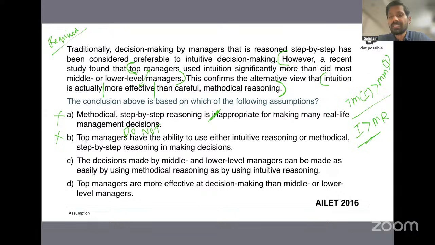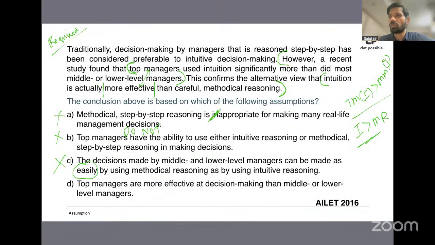C says the decisions made by middle and lower level managers can be made as easily by using methodical as by using intuitive. So this is irrelevant, right? What is easy and what is not does not concern the argument. C is out. D says top managers are more effective at decision making than middle or lower level managers. Now, does that connect the premise to the conclusion?